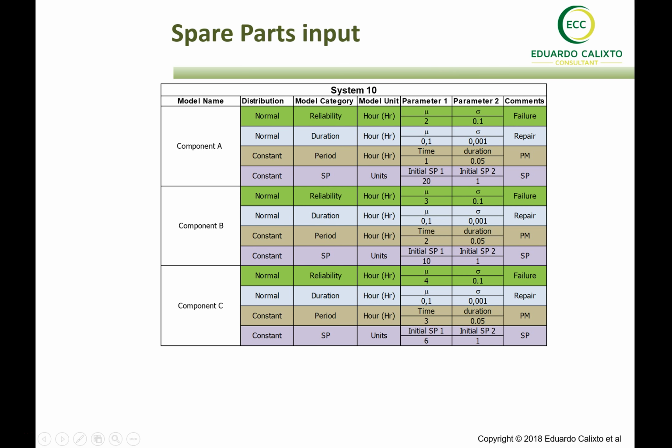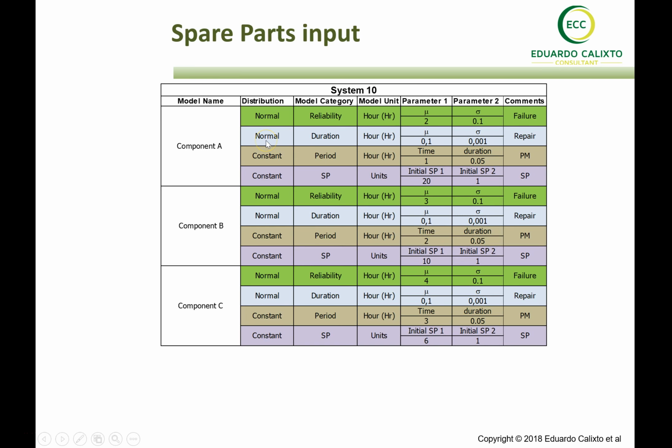So let's take a look at the spare part input. We have again the components A, B, and C. We have the failure PDF, the reliability PDF. In ours, that's a normal PDF with mean 2 hours and standard deviation 0.1.